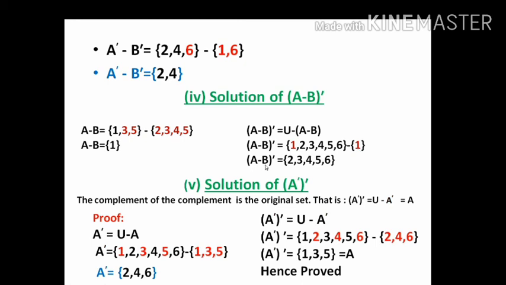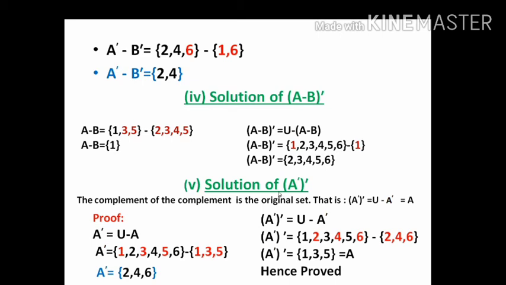Then (A minus B) whole complement is equal to 2, 3, 4, 5 and 6. So only these members are not present in set A minus B. So this is the complement of A minus B.